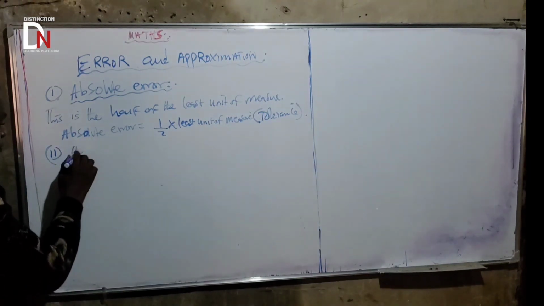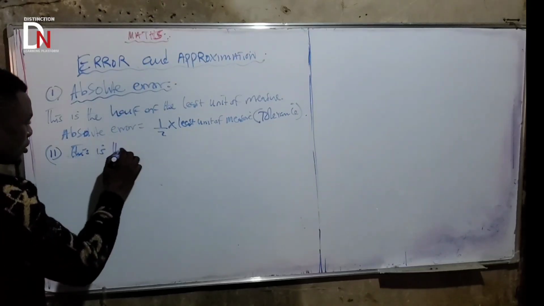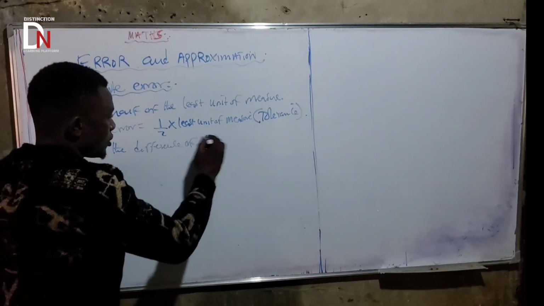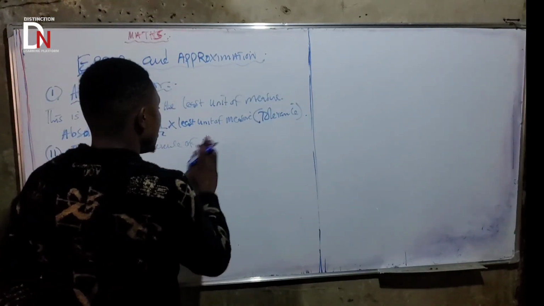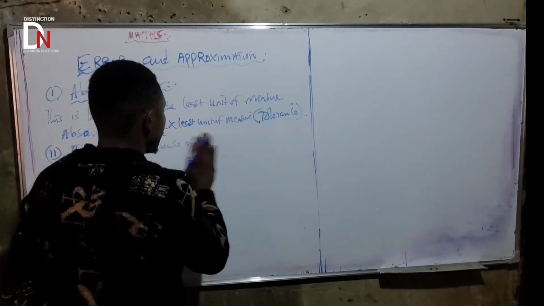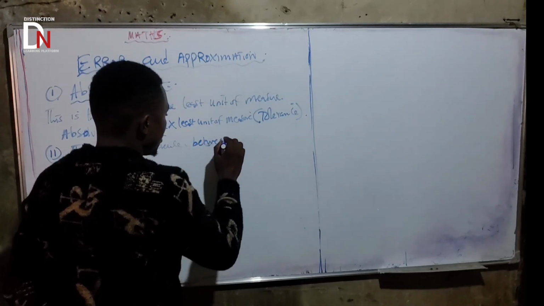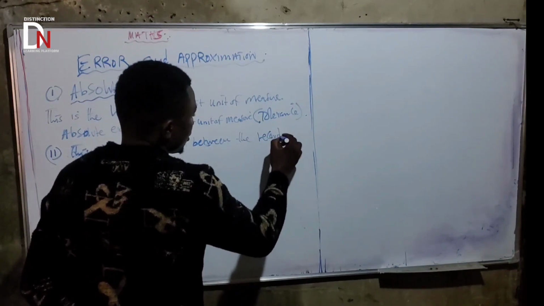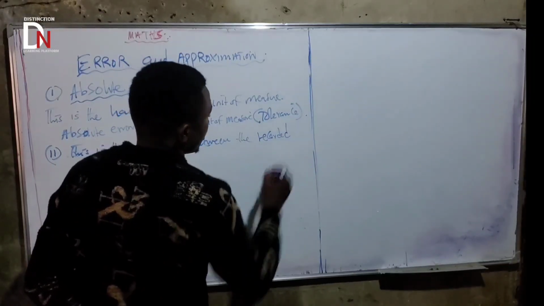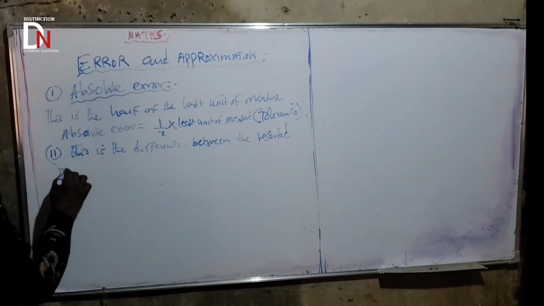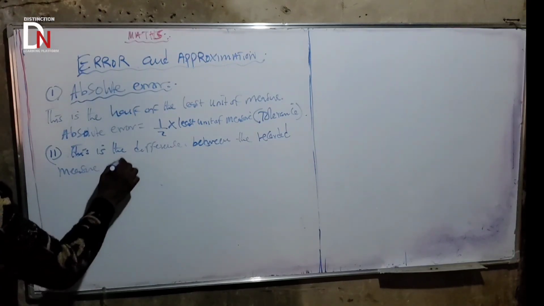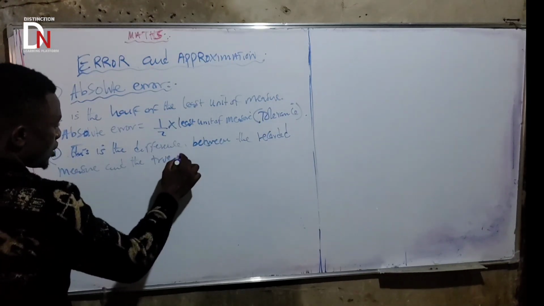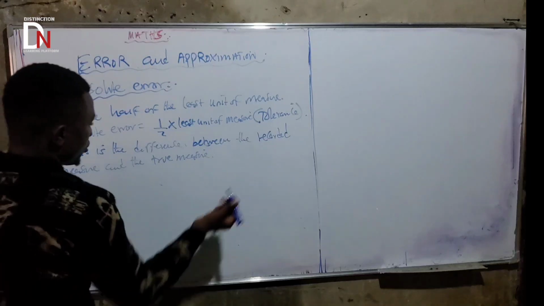Another definition for the absolute error is the difference between the recorded measure or value and the true measure, true value, or true length.